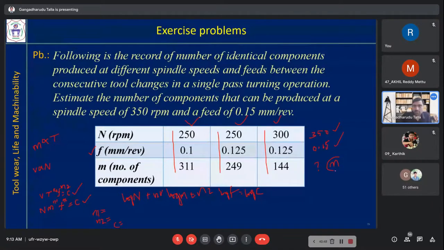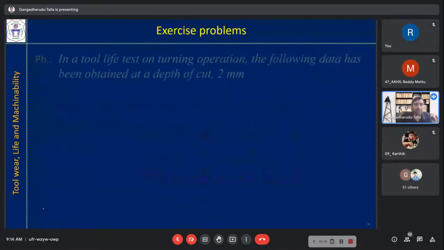If M is a fraction, let us say it may be something like 70.5, obviously we will say we can produce 70 components. 0.5 component is not completed; only half of the component is machined. Okay, let us proceed.